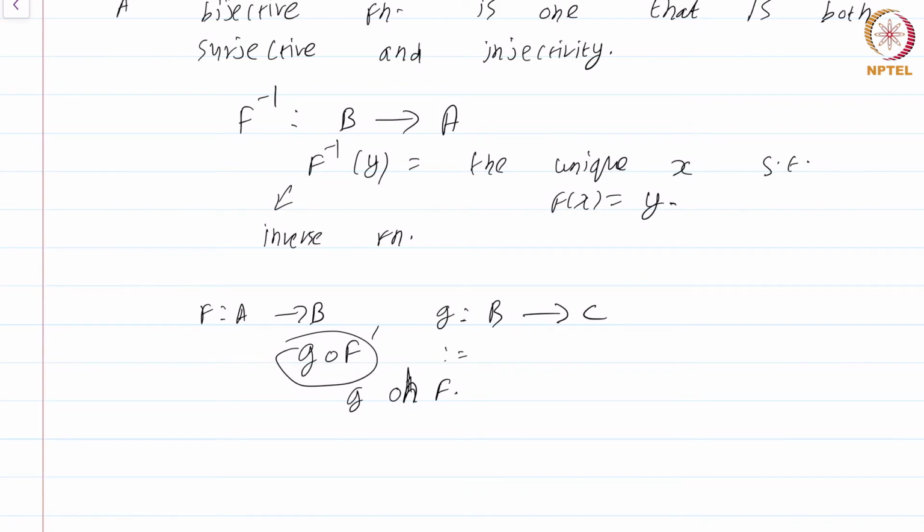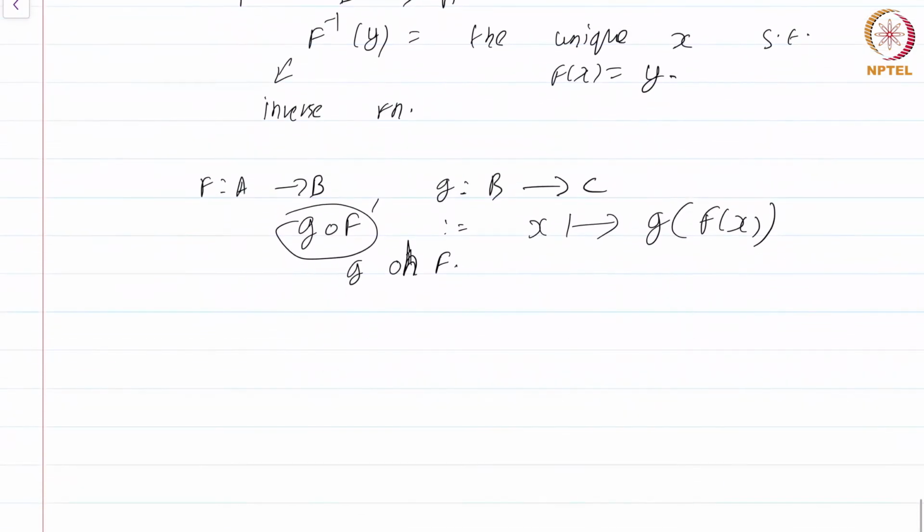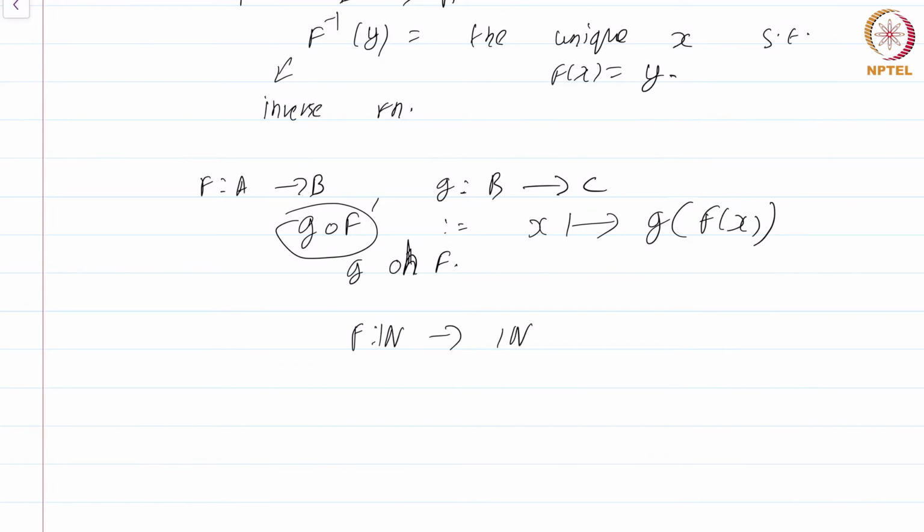This is just the function. It takes x to g of f of x. You first apply f and then you apply g. Okay. So an example of this is, suppose you have a function f from N to N that's given by x squared and a function g from N to N given by x minus 2.